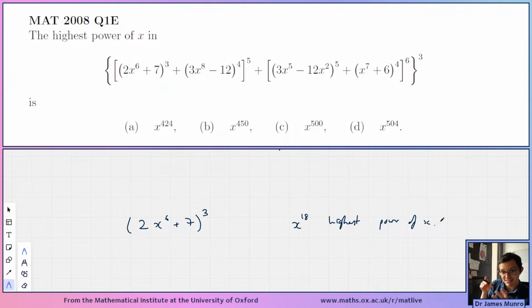For that, I've selected something that's buried inside all of the brackets, working inside out. That's one way of doing it. Then you would take the highest power of the next thing, which is round bracket 3x to the 8 minus 12, all to the power of 4.